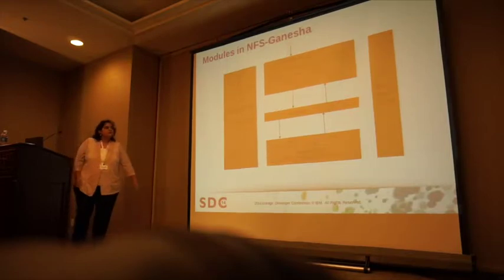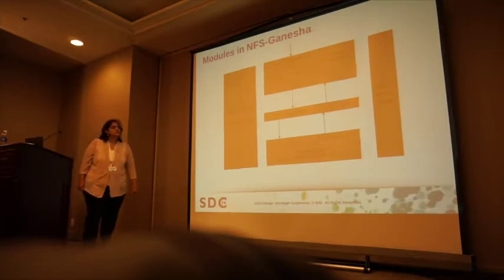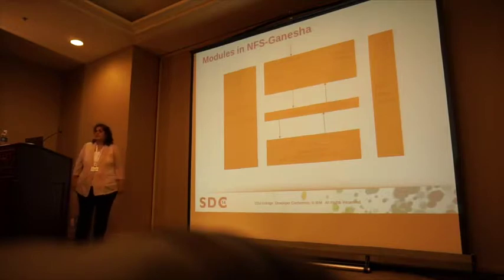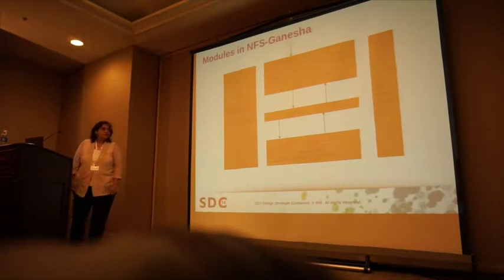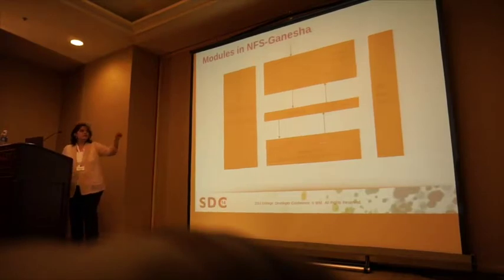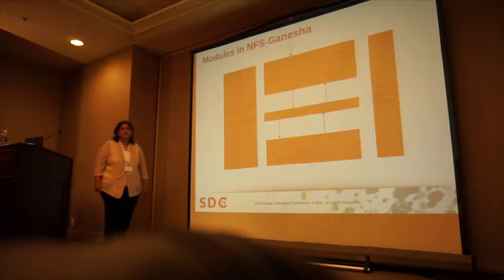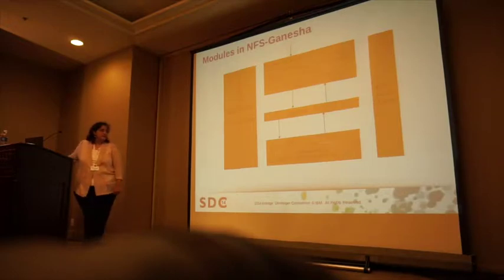And this is how the modular architecture of Ganesha works: a request comes in through the network channel and the RPC dispatcher, and it can support a number of different protocols like v3, v4, pNFS. There is even support for 9P. Then the request does a lookup in the cache inode, which is the cache for maintaining the metadata.